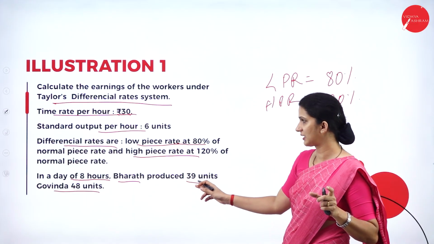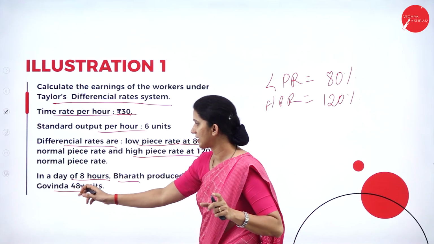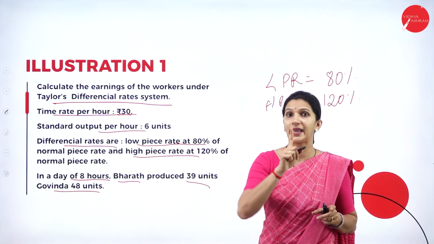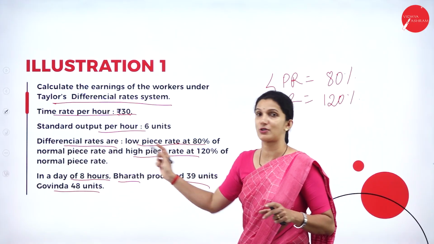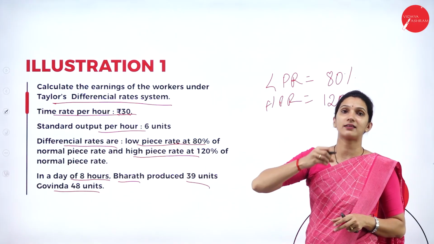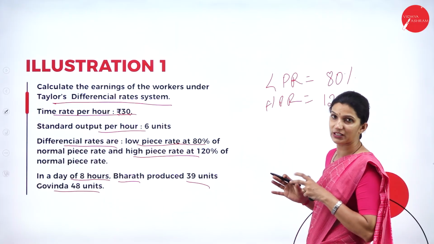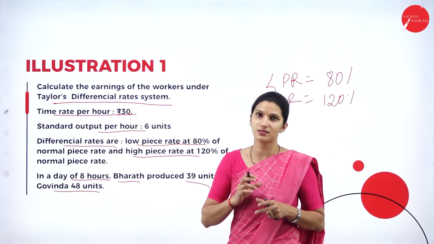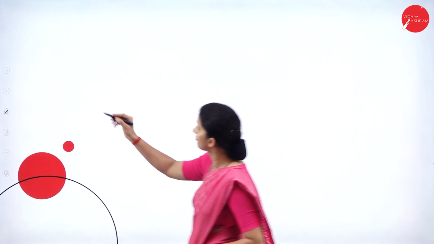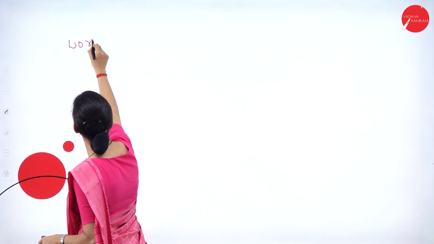Bharat produced 39 units and Govinda produced 48 units in 1 day. In 1 day of 8 hours, they produced this many units. So for these units, what are the wages that we are going to get? That we need to calculate under Taylor's system. So now we'll see the solution part. So first we'll do the working note.